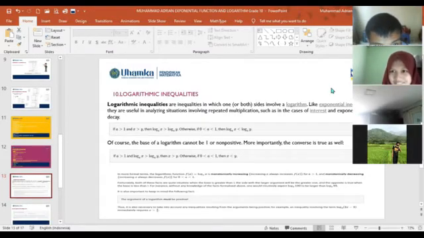They are useful in analyzing situations involving repeated multiplication, such as interest and exponential decay. If a is bigger than 1 and x is bigger than y, then log a x is bigger than log a y.